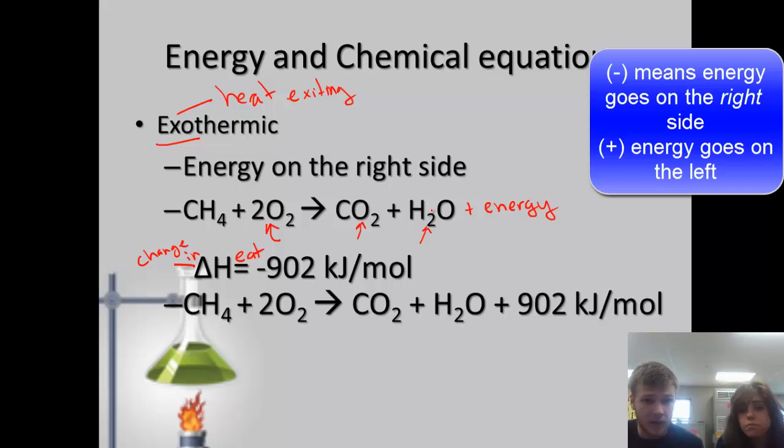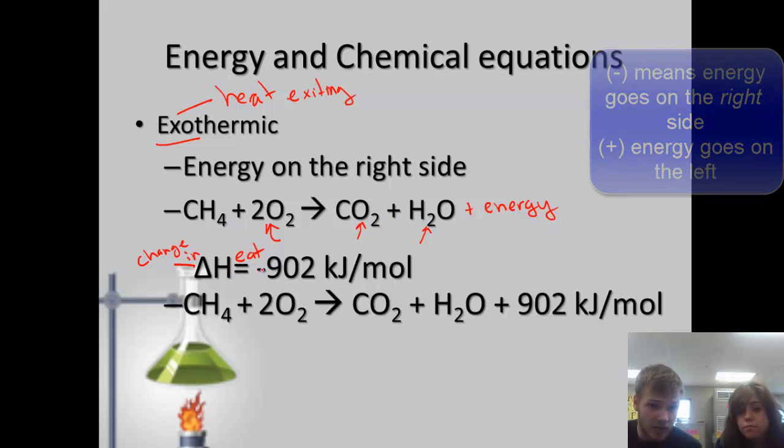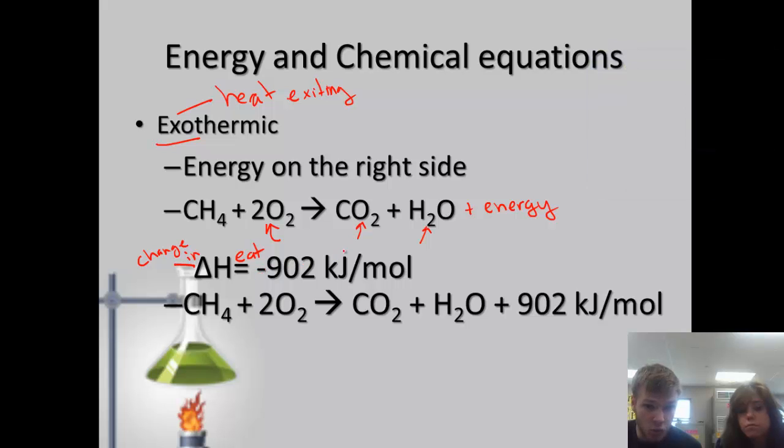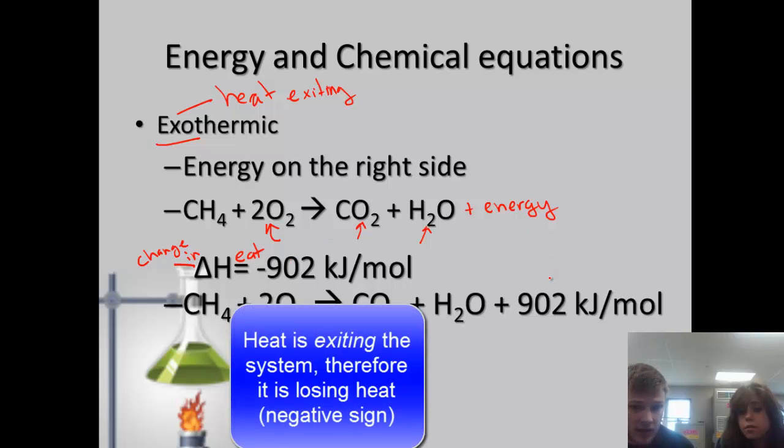But if I didn't know that, I could look up the reaction and find the heat of reaction, which is measured in joules per mole, energy per mole. And that K is a kilojoule. And this negative is going to tell me that heat is going from the system to the surroundings, so it is exiting, so it's going to be called negative. So we're going to take that energy and put it on the product side.